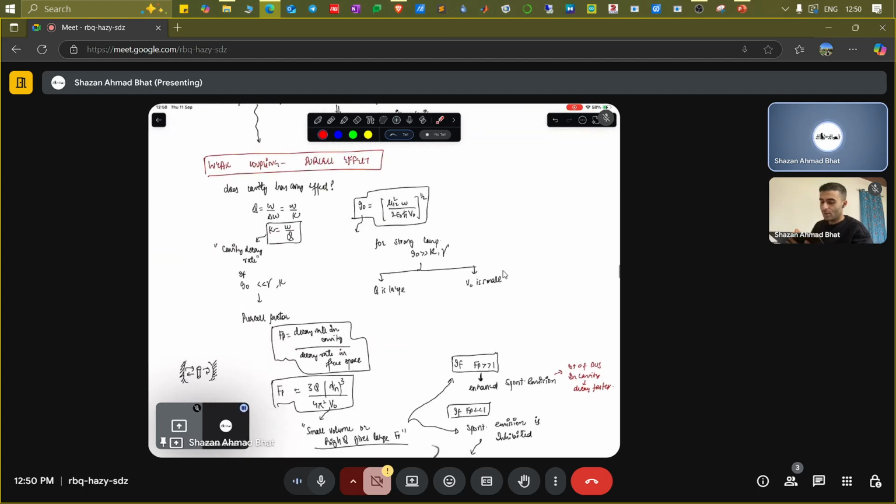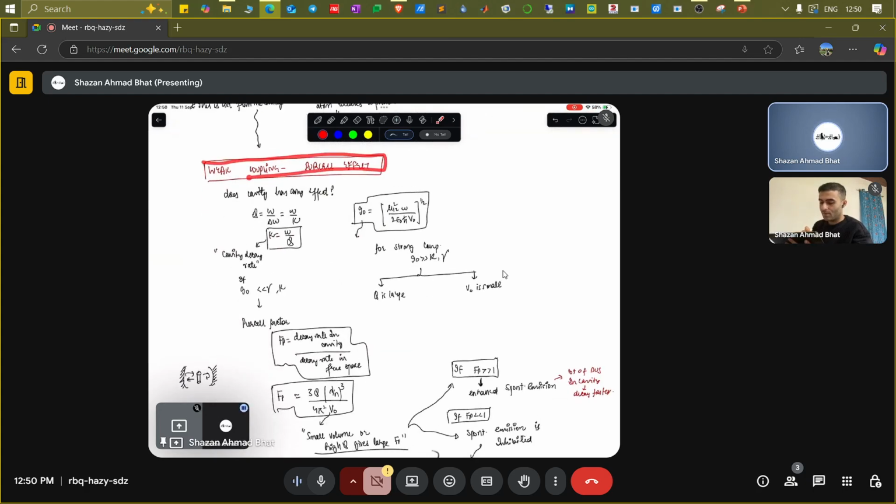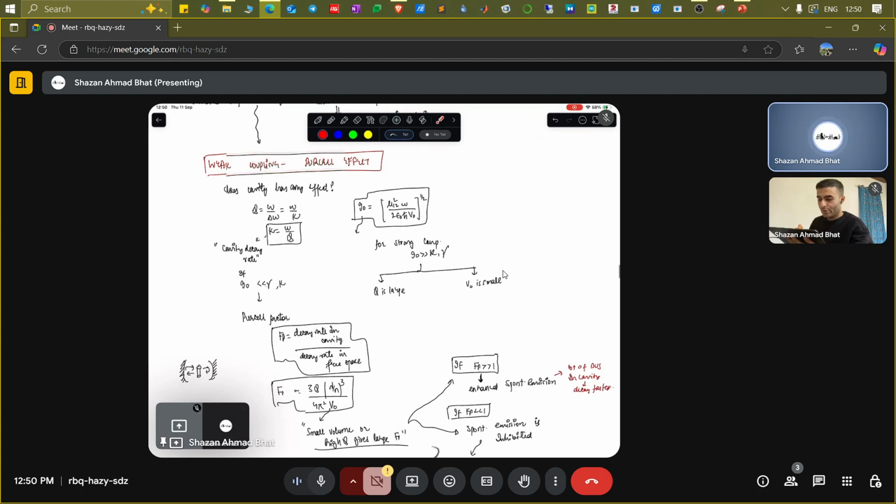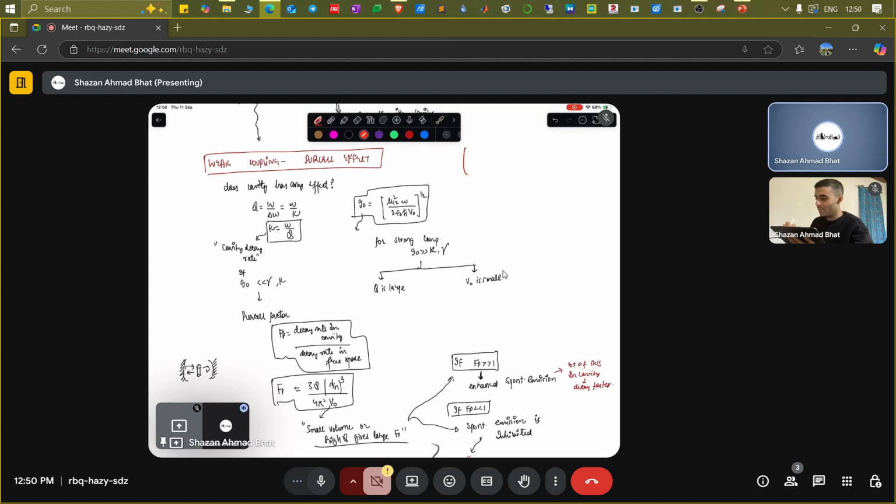So first, if we talk about the weak coupling regime, we talk about something called the Purcell effect, and even the Purcell factor. So the question is, does the cavity play any role in this? Yeah, obviously. We saw that the length of the cavity is going to control the time the photon spends inside the cavity, or the cavity time constant, and that in turn is going to affect the quality factor of the cavity.